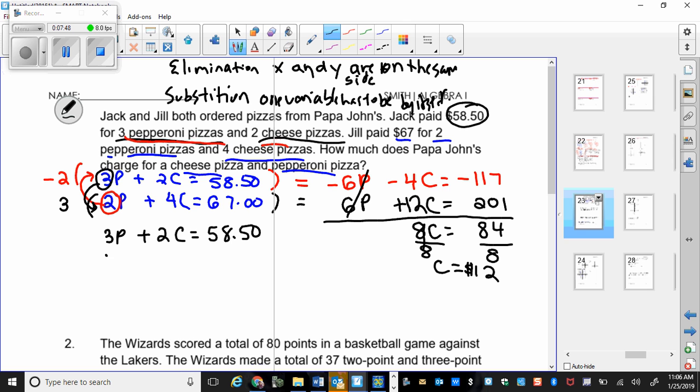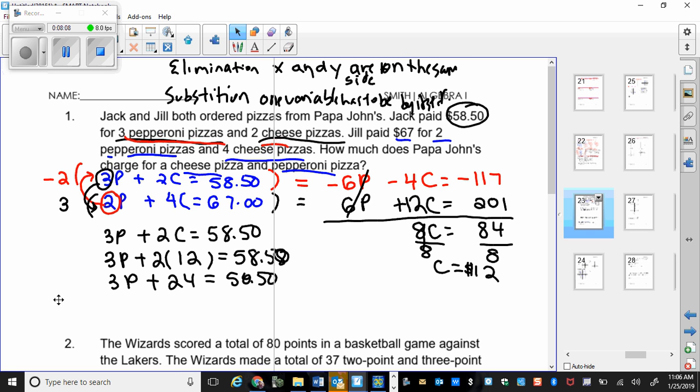We know that cheese pizza costs $12, so I'm going to substitute in $12. That's 3P plus 2 times 12, which is 24, equals 58.50.